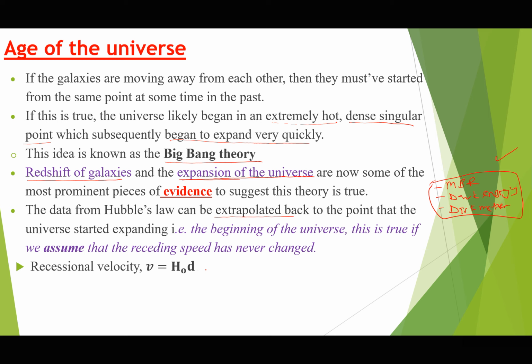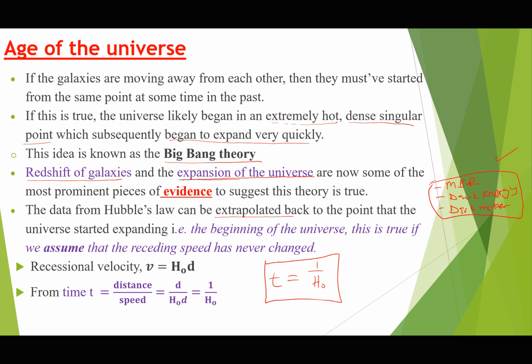And remember, time is distance divided by speed. So if time is distance divided by speed, and we consider a galaxy which is at a distance d, and it is moving at a speed v, which is H naught times d, it means the time t when this expansion must have started is going to be 1 over H naught.